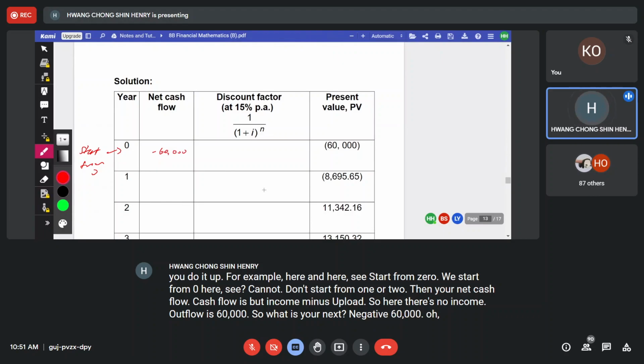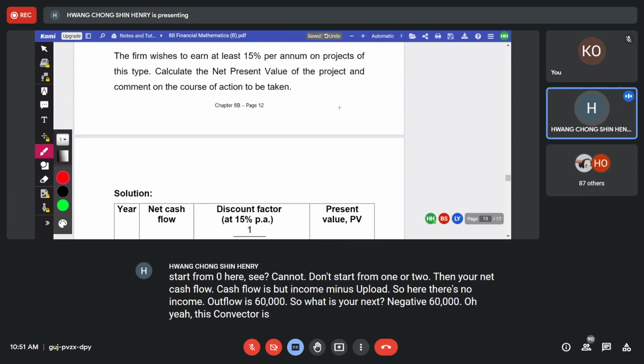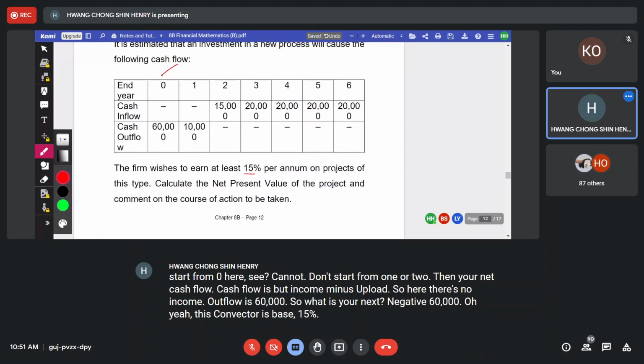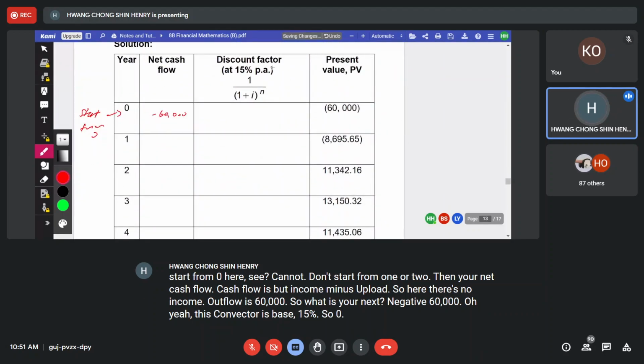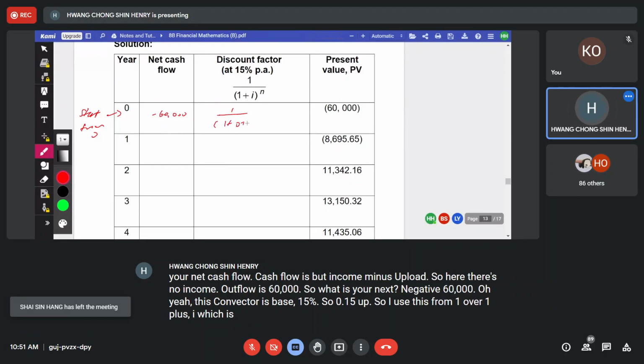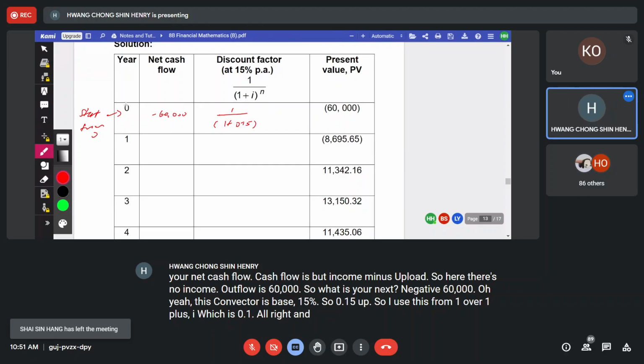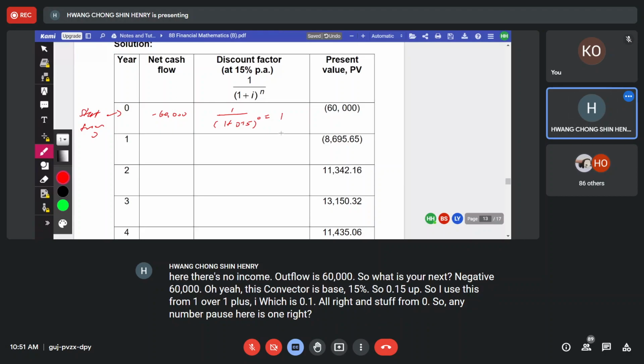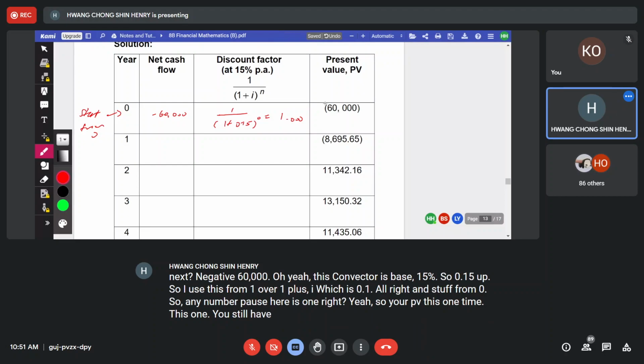Your discount factor is based on 15%, 0.15. I use this formula, 1 over 1 plus i, where i is 0.15, right? Our n starts from 0. Any number to the power 0 is 1, right? So your PV, this one times this one, you still have negative 60,000. I can write it in brackets or I can write negative.